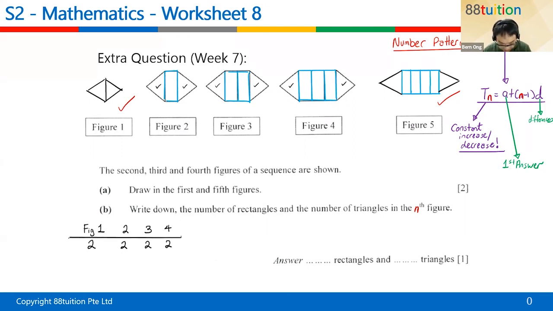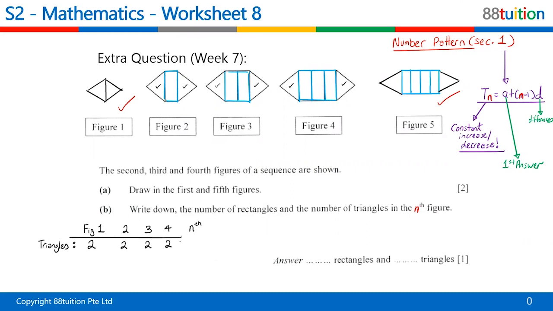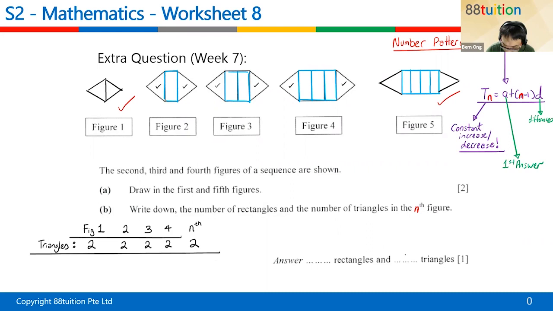Can you see that? So down here, they are looking for the number of rectangles and number of triangles in the nth term. So, Ice, can you help me? The nth term has how many triangles? What do you think? 2. 2 also, because everybody got 2, 2, 2. So this one must be 2. That gives you the answer for 2 triangles down here.